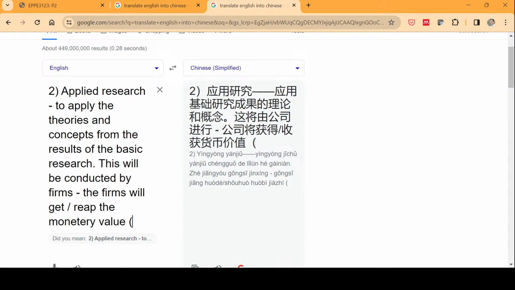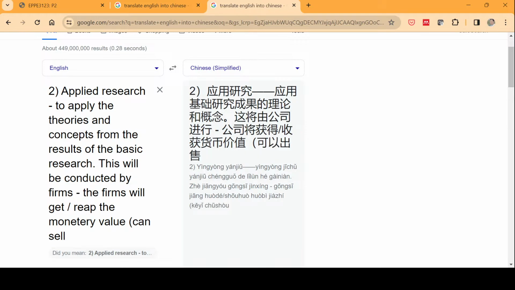The firms will get or reap the monetary value. Differentiated products.